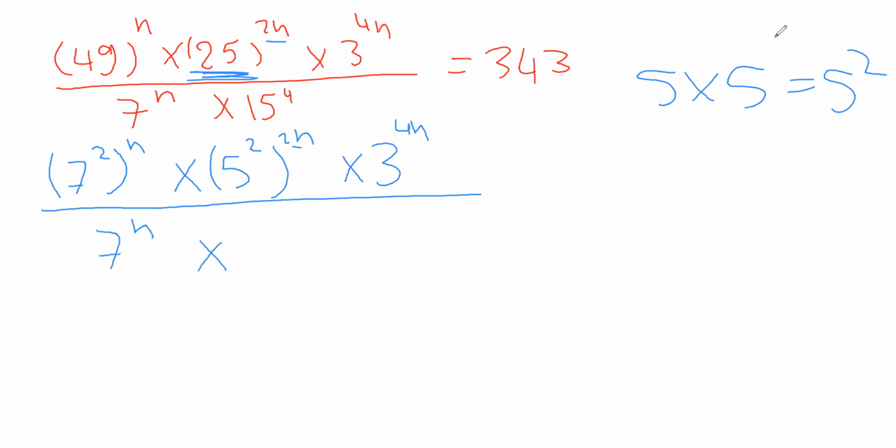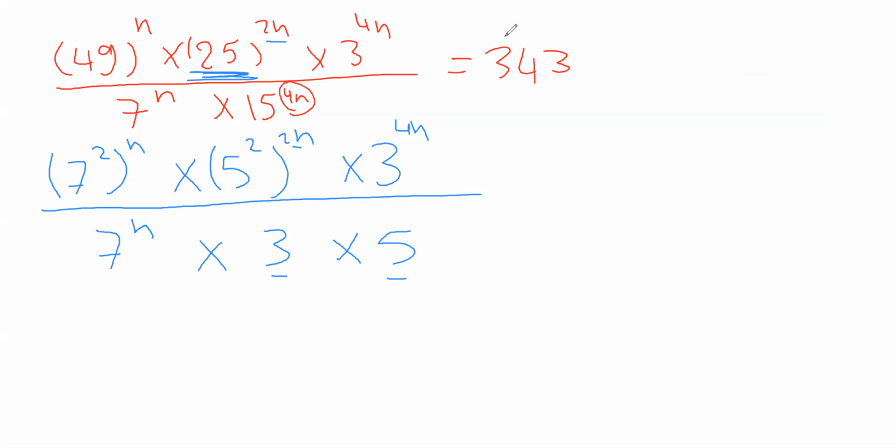What about 15? 15 is what times what? 3 times 5. As long as I distributed it into two numbers multiplied by each other, I will take the power and put it once on 5 and once on 3. 4n, not 2n, it's 4n in full. Okay, we agreed that as long as I distributed the number among the product of two numbers, the power will be on both of them as it is.